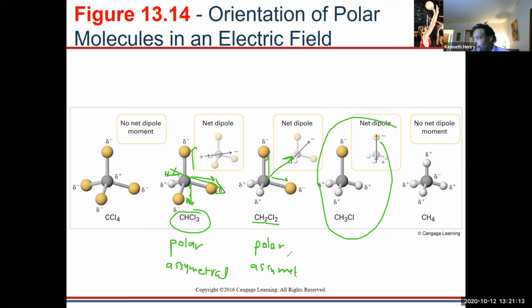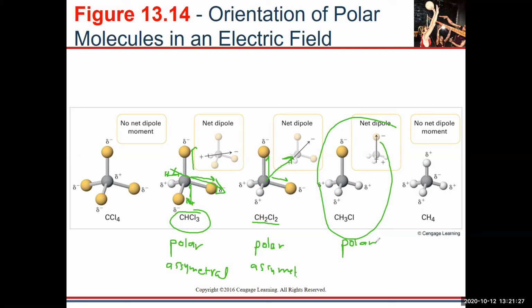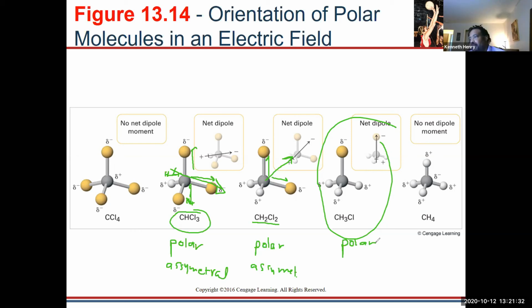That's right, polar. Asymmetrical or symmetrical? Asymmetrical.